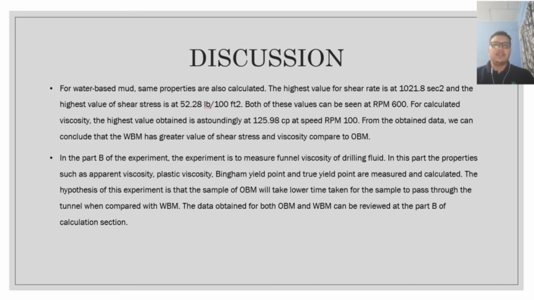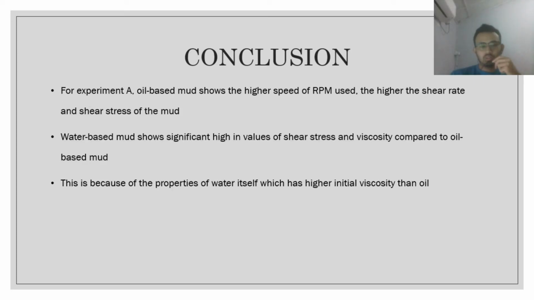Alright, thank you. In conclusion, for experiment A, oil-based mud shows that the higher the speed of rotation per minute used, the higher the shear rate and the shear stress of the mud. Water-based mud shows a significant hike in values of shear stress and viscosity compared to oil-based mud. This is because of the properties of the water itself, which has higher initial viscosity than oil.